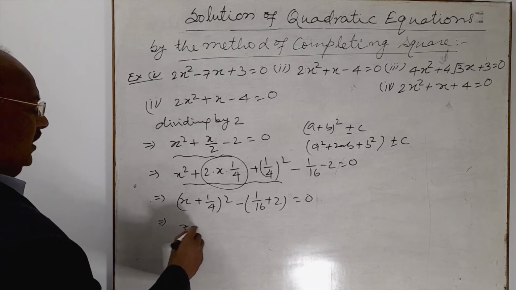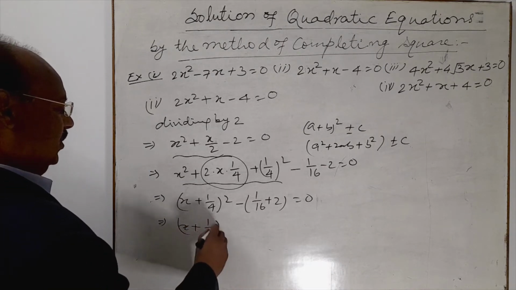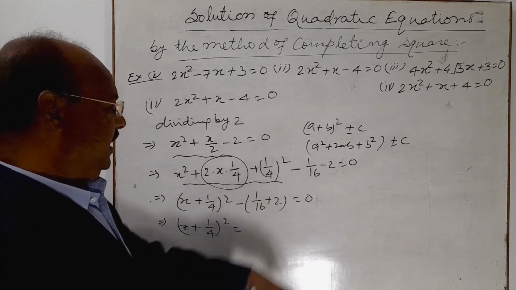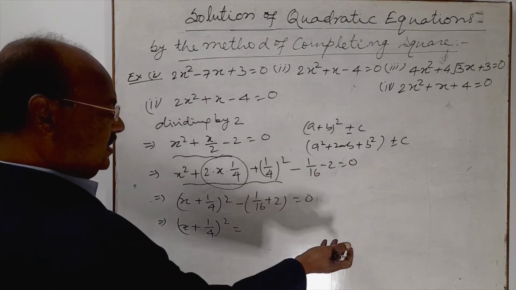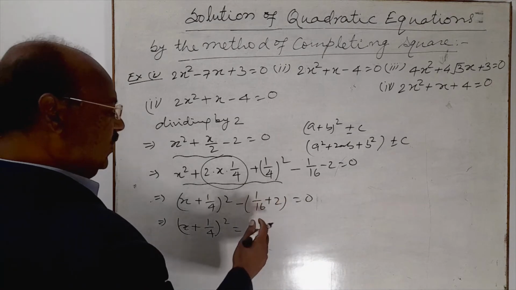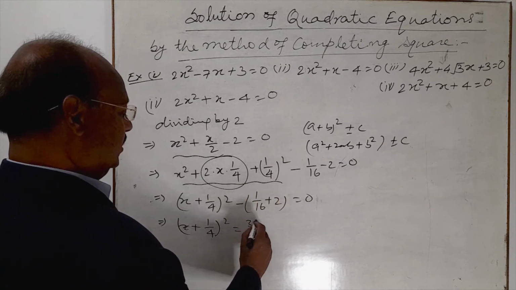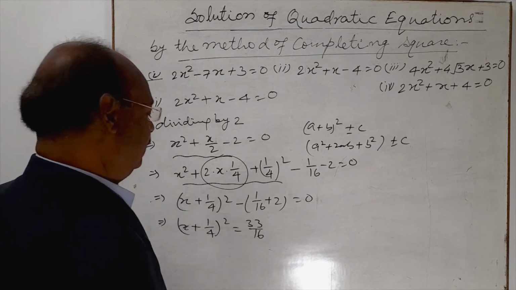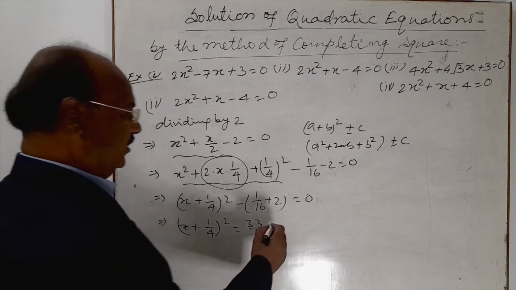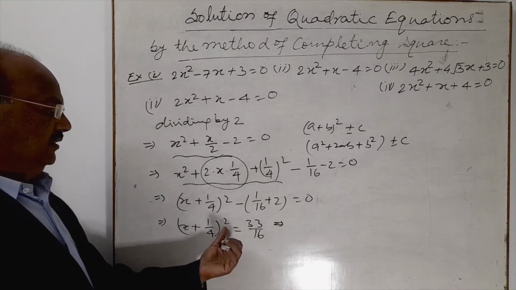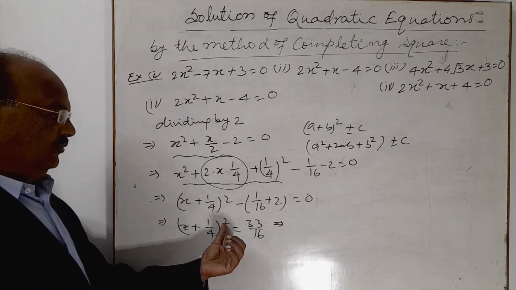And therefore x plus 1 by 4 whole square is equal to, we will transpose this part to the right hand side. So it will become a plus of this much. So after taking LCM, you will get here 33 by 16. Correct?